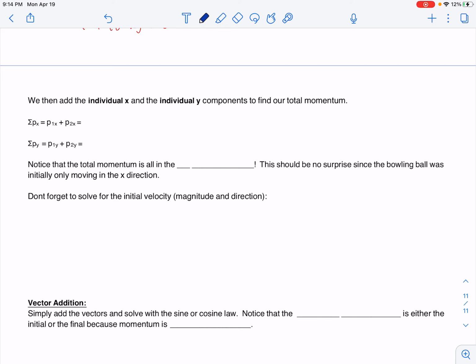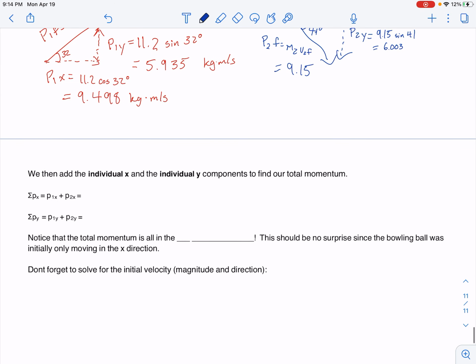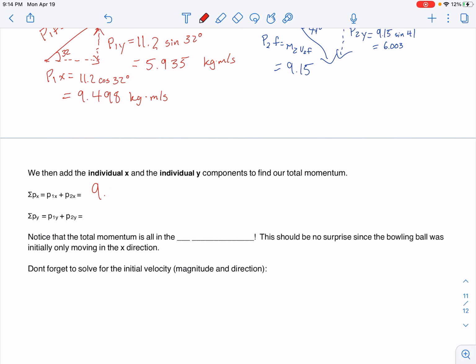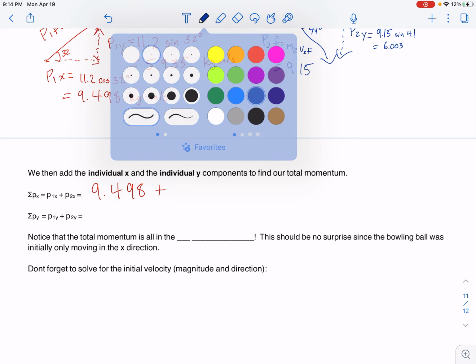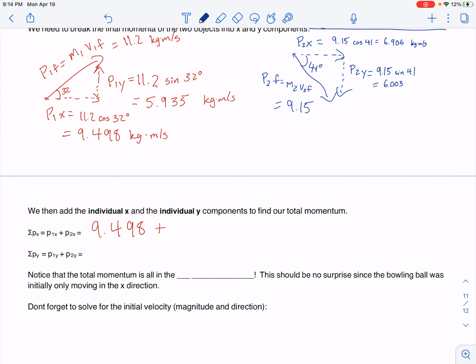Looking at my two momentums in the x direction, pulling from up here, I have 9.498 plus 6.906 equals 16.4 kilograms meters per second. That's my momentum in the x direction, total momentum for both balls.